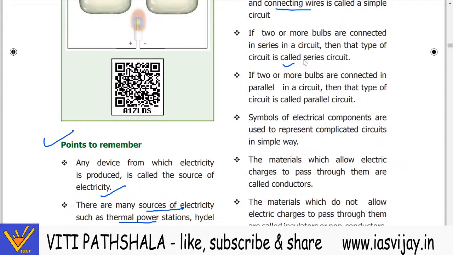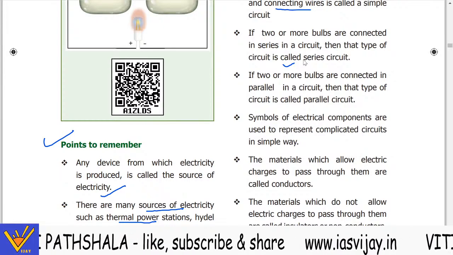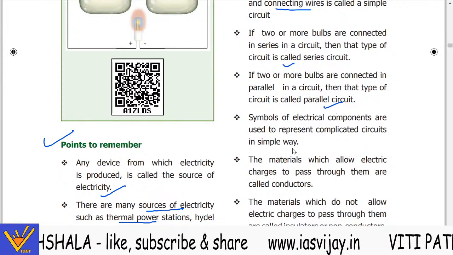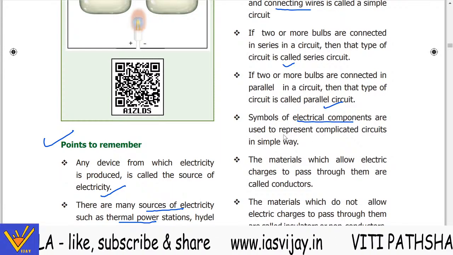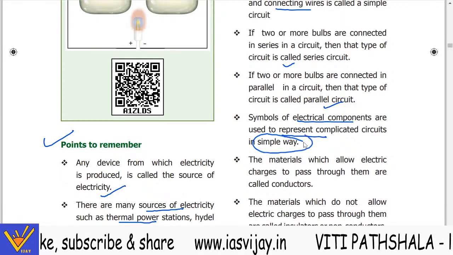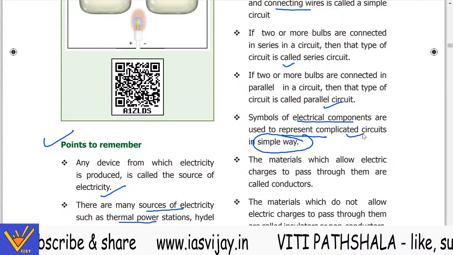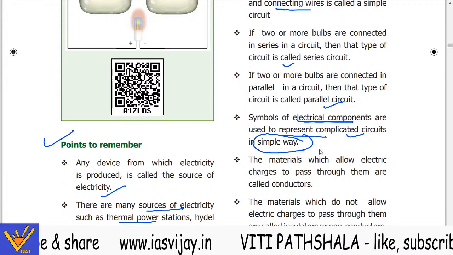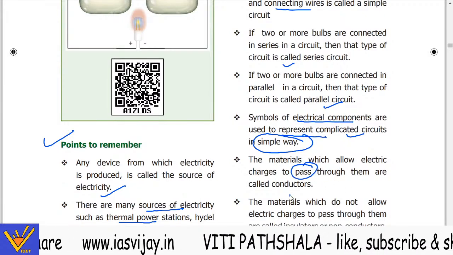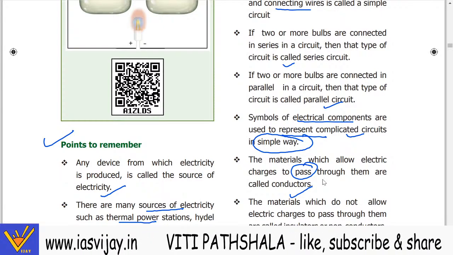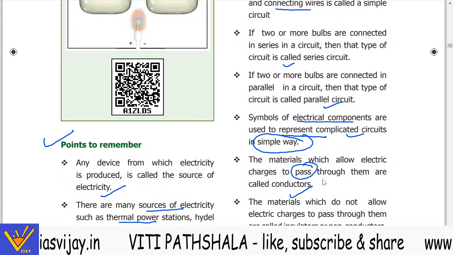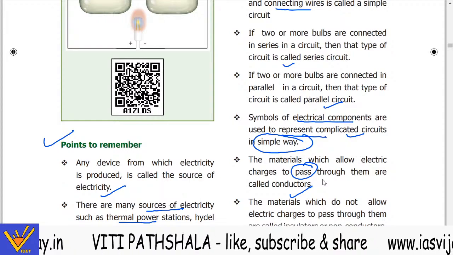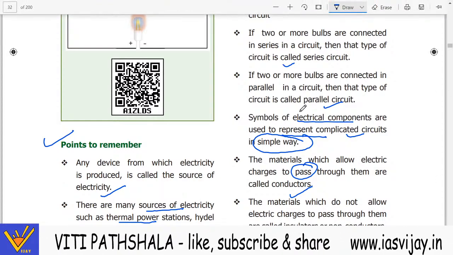If two or more bulbs are connected in parallel, it is a parallel circuit. The symbols of electric components are used to represent a complicated circuit in a simple way. The materials which allow electric charges to pass through them are called conductors, and the materials which do not allow them to pass are non-conductors of electricity.